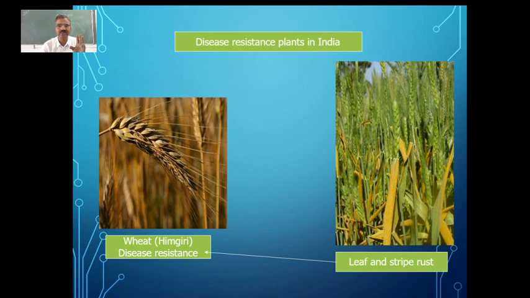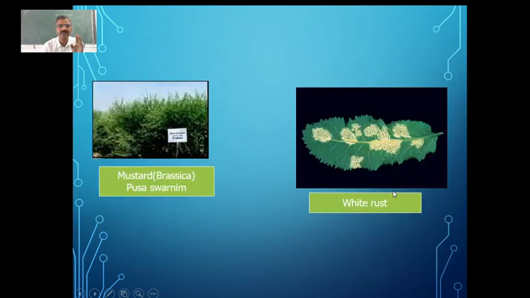So you can see it is the wheat plant variety called Himagiri. This is resistant against leaf and also stripe rust. This is one variety. Then secondly it is Brassica juncea, that is Pusa Swarnim.